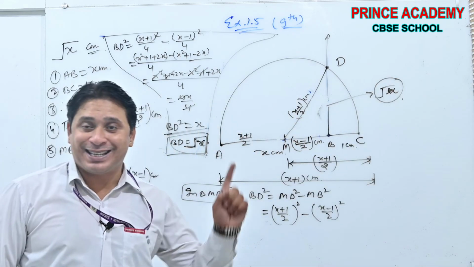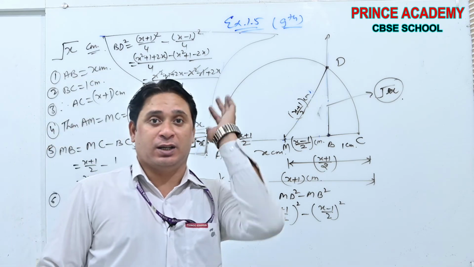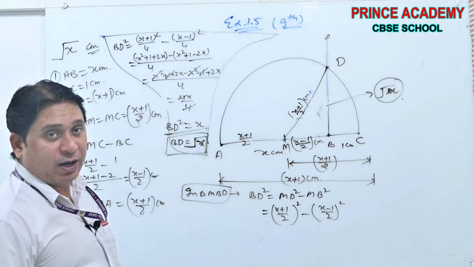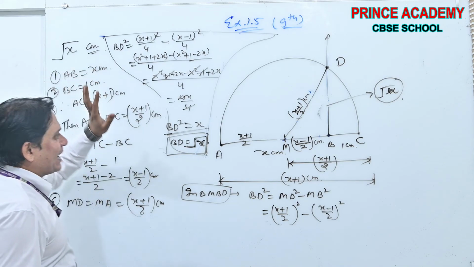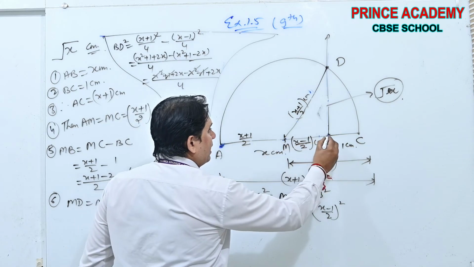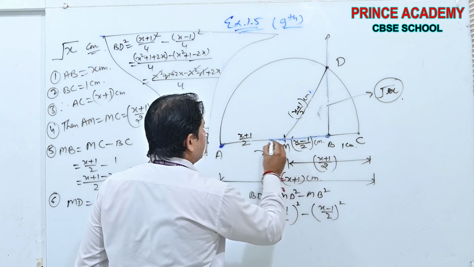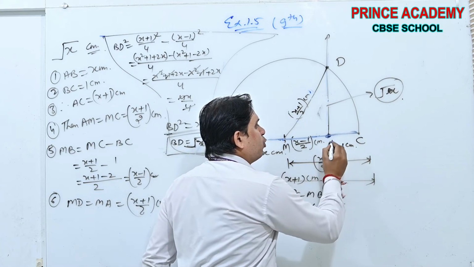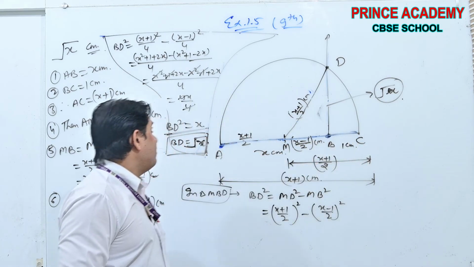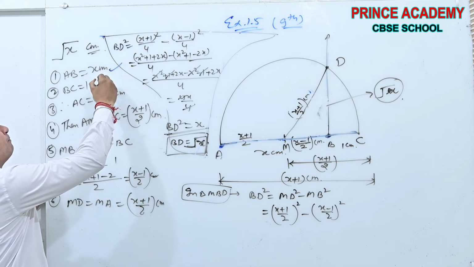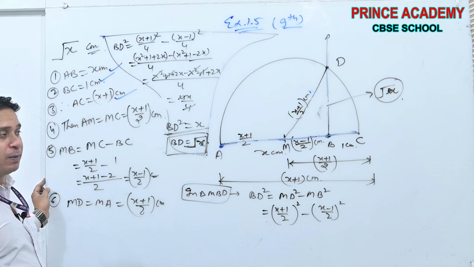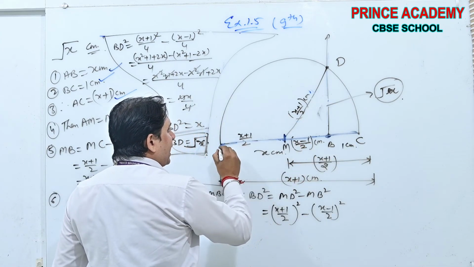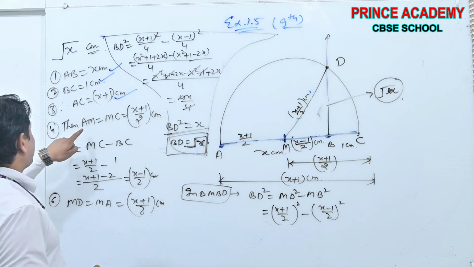See, beta, once again I am explaining the same question, the 4th, 5th time. What we have done here: we took AB as x. Add 1 to this, B to C is 1. AC became x plus 1. Then we divided AC; M is the midpoint, so AM and MC became x plus 1 by 2.